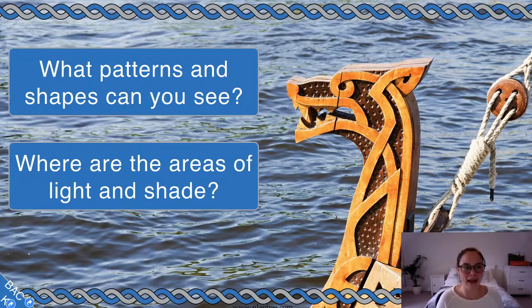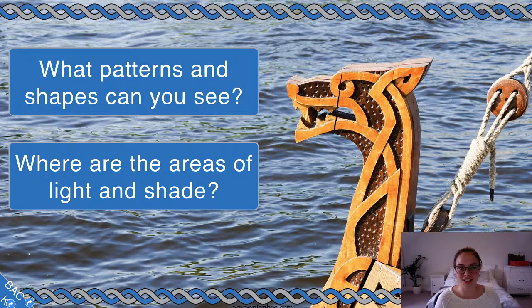So, what patterns and shapes can you see on this dragon head? Where are the areas of light and shade? What do you think? Have a little think. Yeah, lots of people saying that they would be scared. I agree.